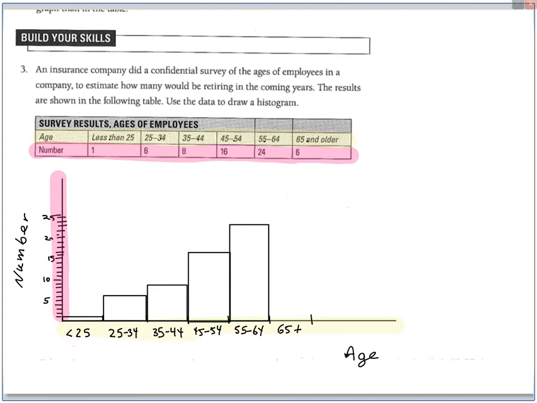And then just 6 for 65 plus. So those are a bunch of connected bars. You can color them in, you can leave them white. Does not have to be perfect.